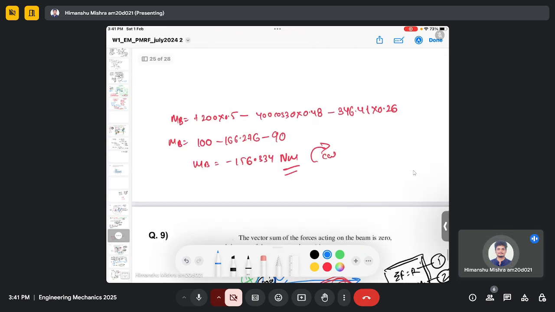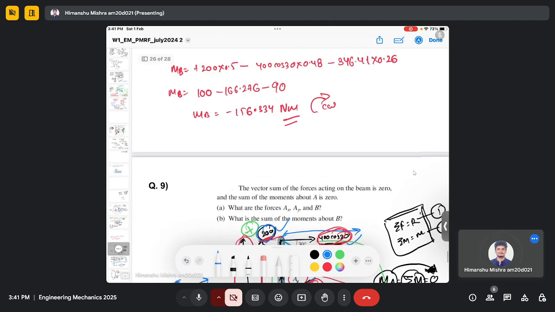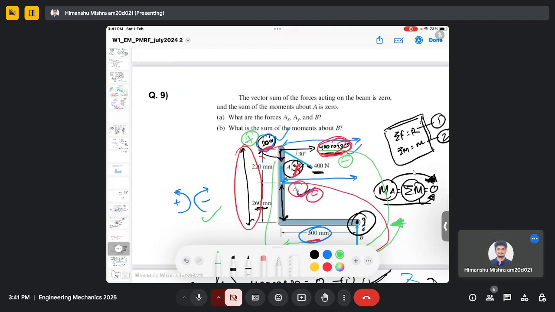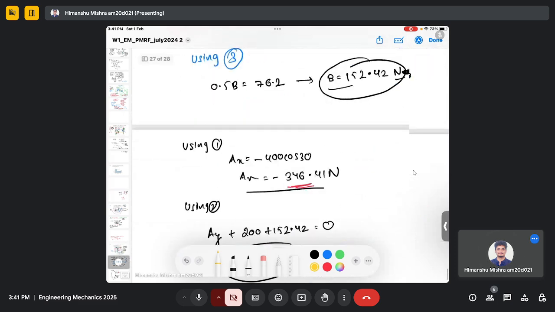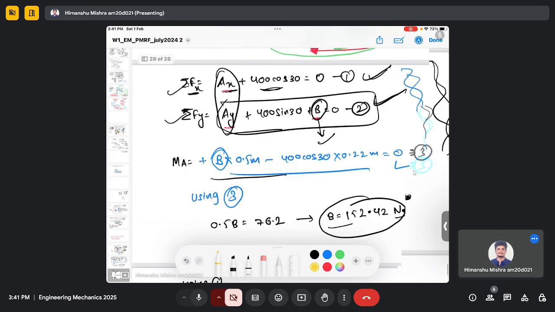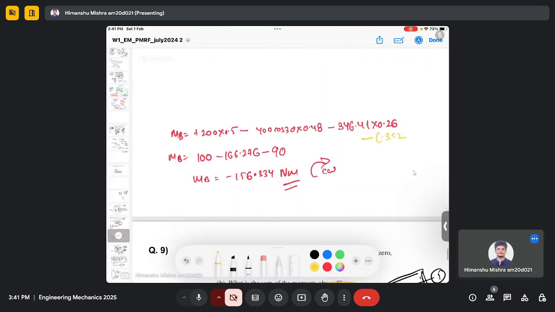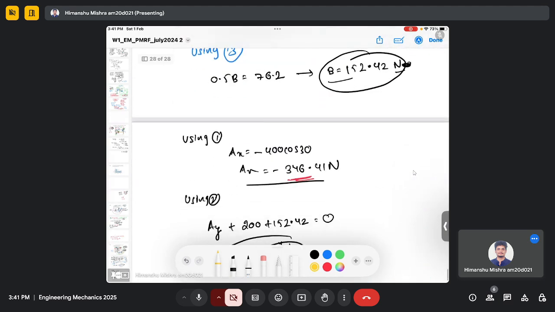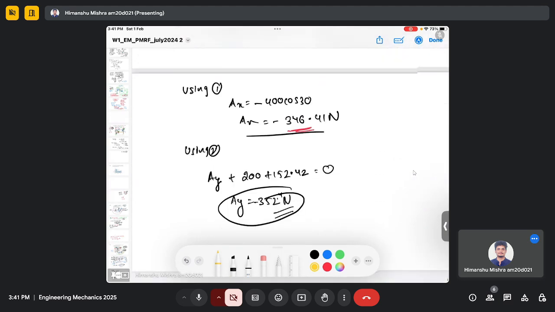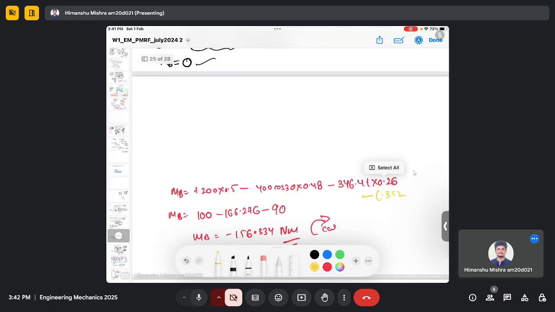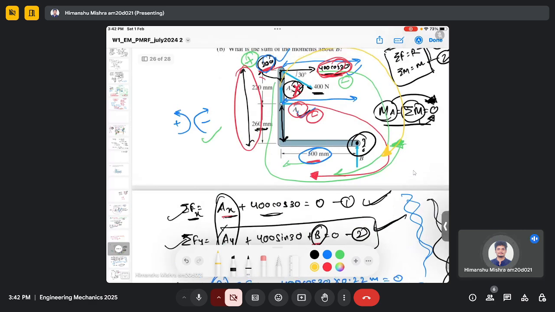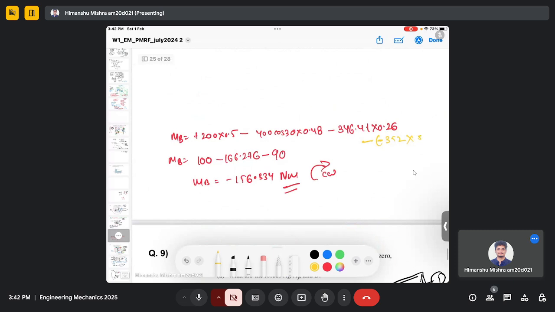So we should also consider the AY force, and the sign is, it is rotating in a clockwise direction about point A. So it will be minus AY, which is 352, multiplied by the perpendicular distance, which is 500 millimeter, 0.5.